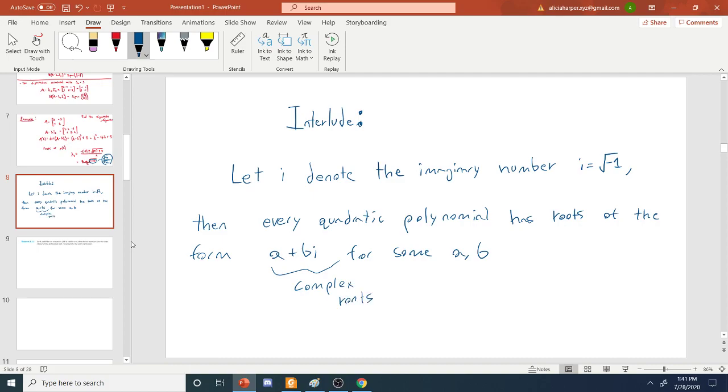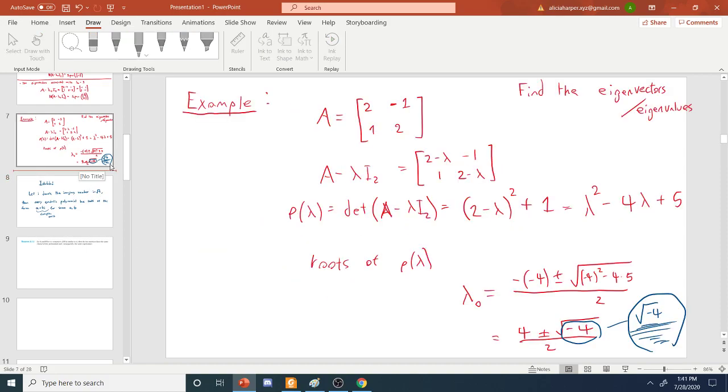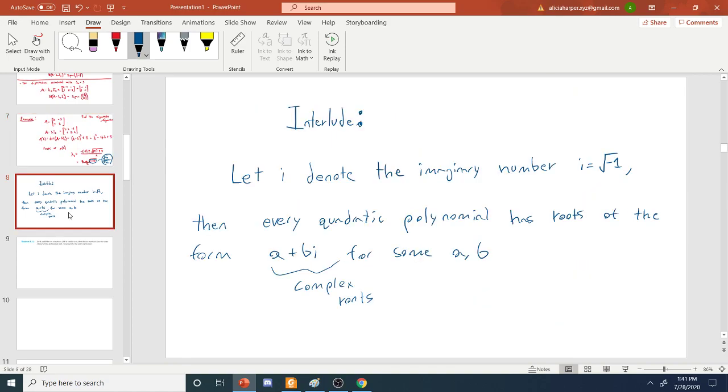So complex numbers come up naturally when you're trying to appeal to things like the quadratic formula. And we are going to make use of them in this course because they also come up when we're trying to solve these eigenvector, eigenvalue problems. So here's the upshot.